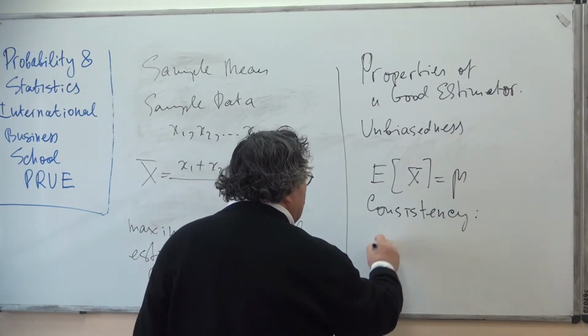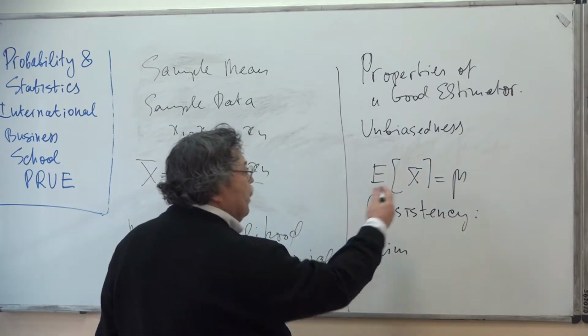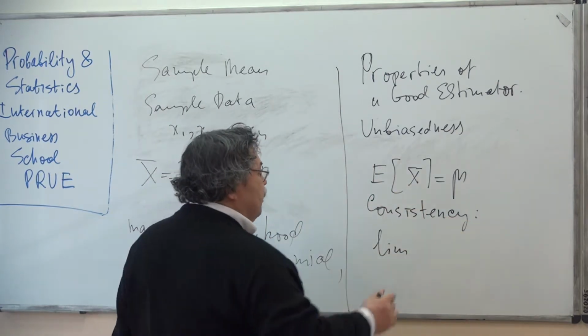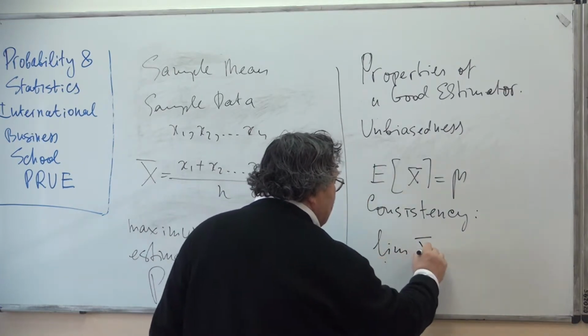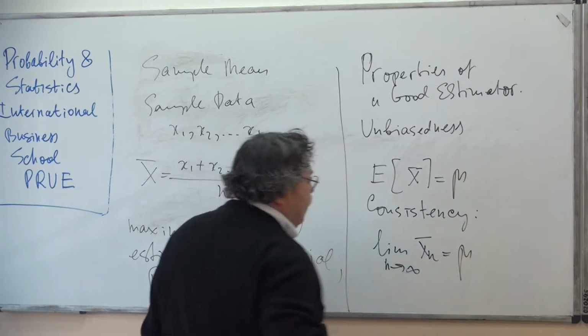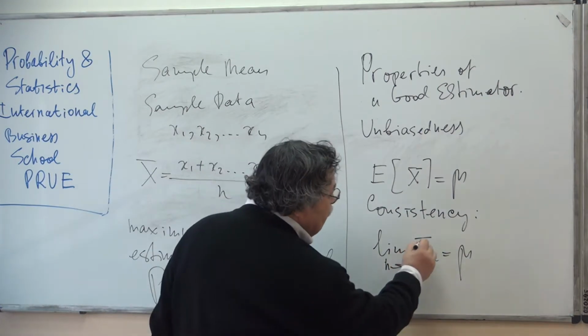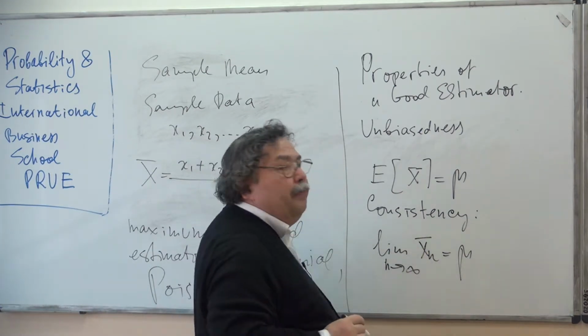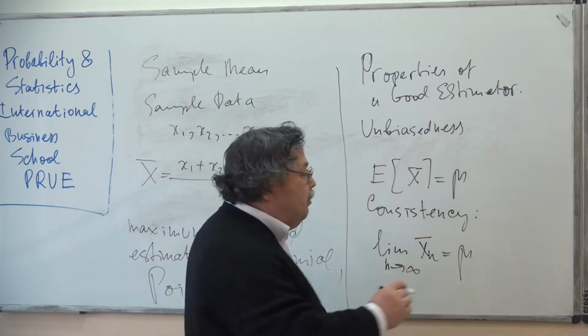In application to x bar, it means that if n increases, if n goes to positive infinity, x bar approaches mu in probability.